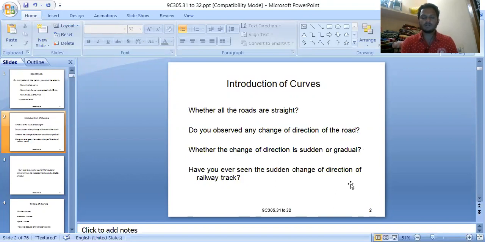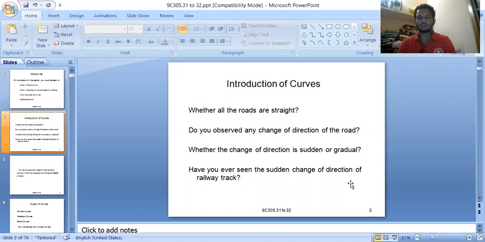Along with this, curves are most important not only in a road, they are also important in railway tracks. They play a vital role in railway engineering because we cannot provide a direct curve in railways. We cannot directly turn the track.